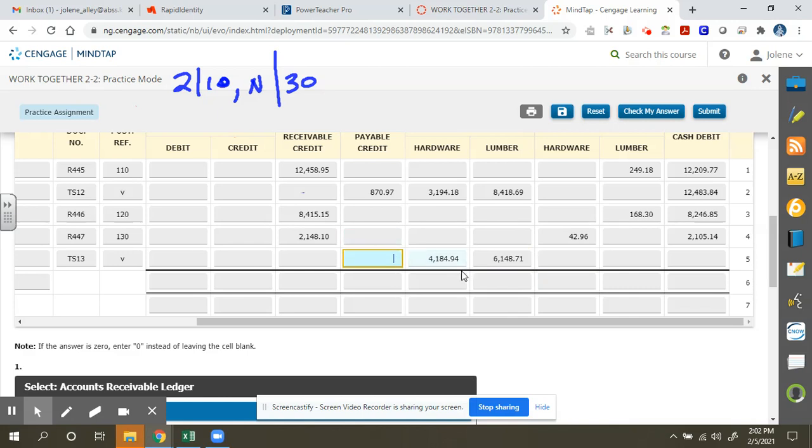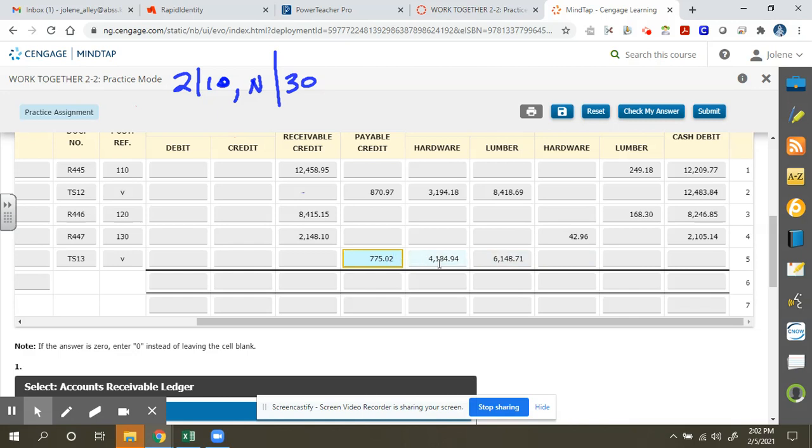So you got to add these two together and multiply it by 7.5%. I got $775.02. I'm going to do it again just to make sure. $775.02. Okay.